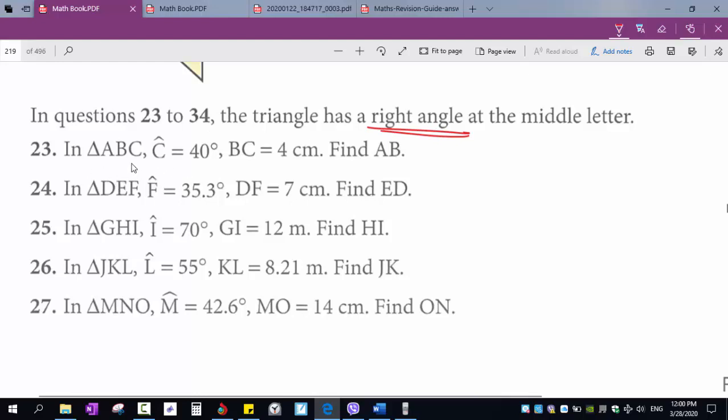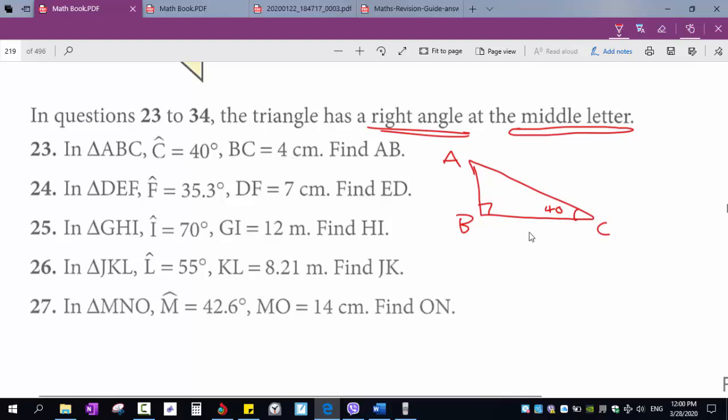The right angle, the 90, is with the B, because the question says the middle letter is the side that has the 90 degree. If we roughly draw this triangle, that's how it looks. A, B, C. The right angle is with the B, so it means AC is the hypotenuse, which is missing, and angle C is 40 degrees.